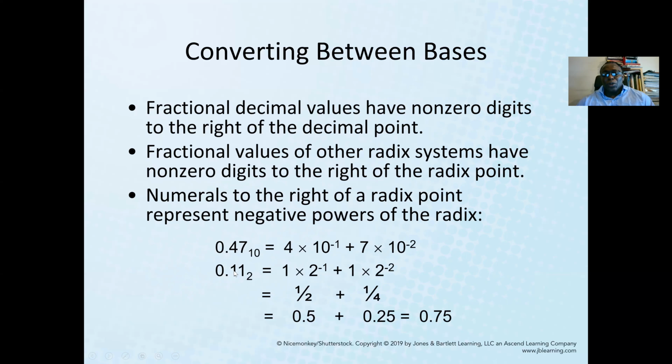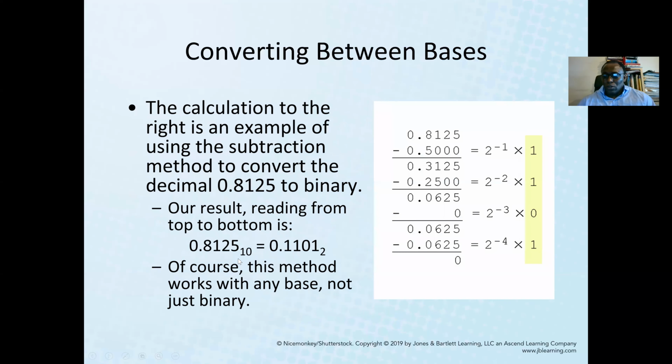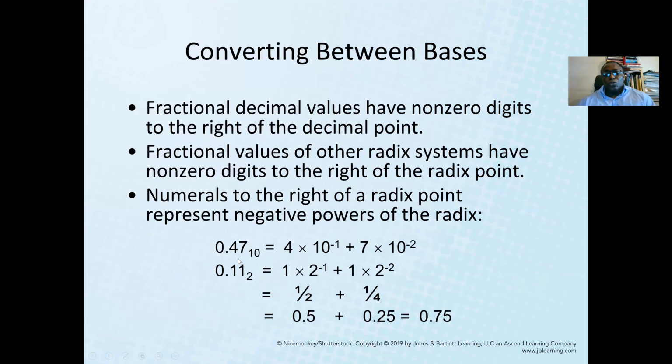Now, if I have 0.11, this is a binary number, then it will be 1 times 2 to the power negative 1 plus 1 times 2 to the power negative 2. Again, remember, the 2 stands for binary, and the 10 stands for, again, the decimal number system.